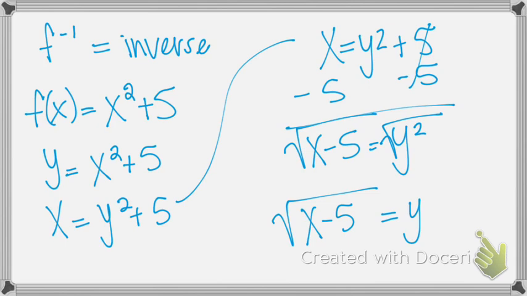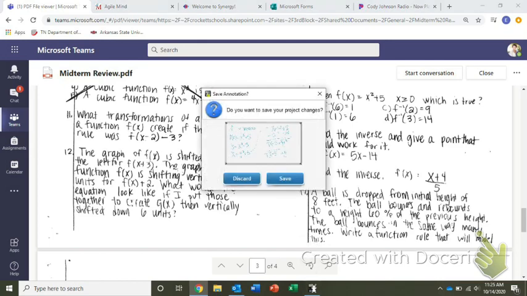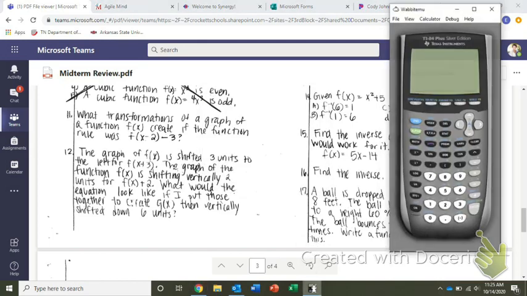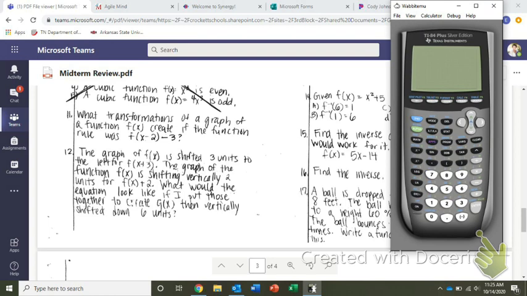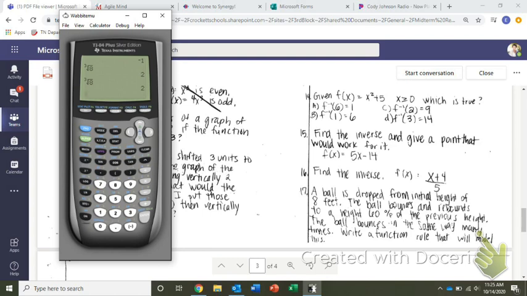Now, if you look at your answer choices, okay, let me move this over here. They say f of negative 1, 6 is 1.